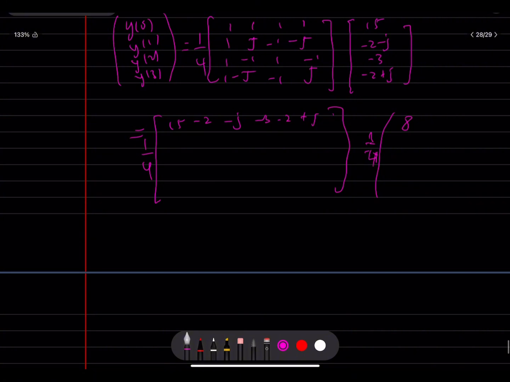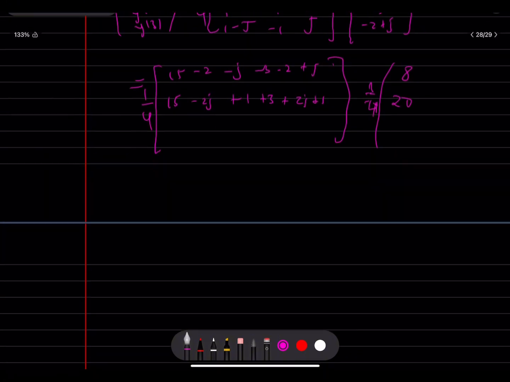And then the second one also comes to 15 minus 2j plus 1 plus 3 plus 2j plus 1, and with that one, you are going to get 20. And then here we are going to get 15 plus 2 plus j minus 3 plus 2 minus j, and that also we are going to get 16.